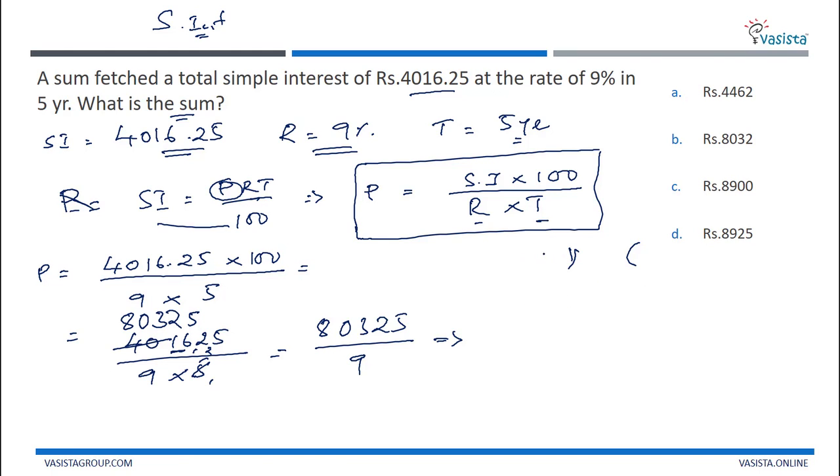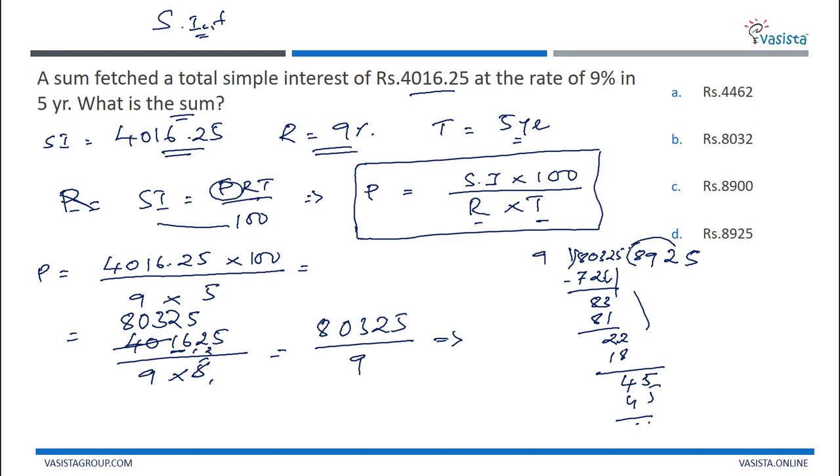I will divide like this: 9 into 80325, 9 8s are 72. 8 remainder, I'll bring down 3, 9 9s are 81, 2 remainder, I'll bring down 2, 9 2s are 18, 4 remainder, then 5, 9 5s are 45.